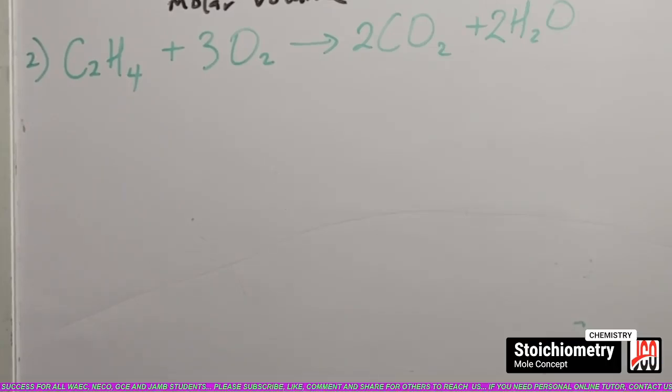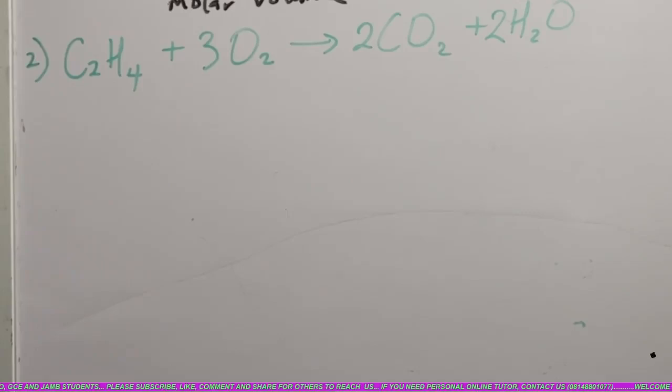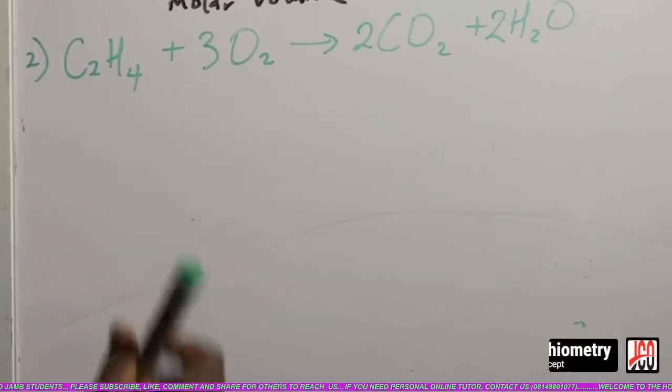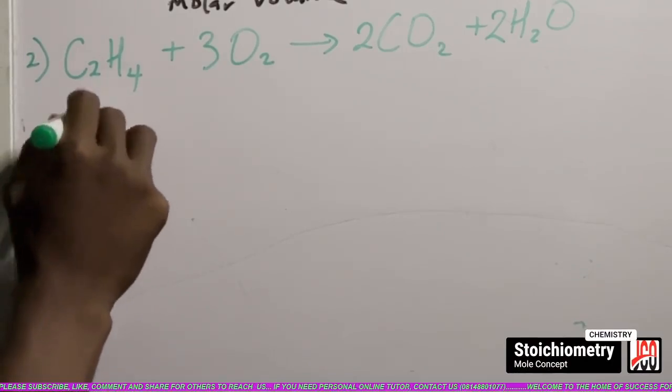After considering, they told us to find the volume of oxygen at STP that will be required to burn 14 grams of ethene.